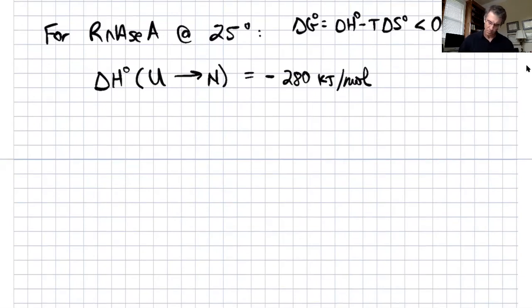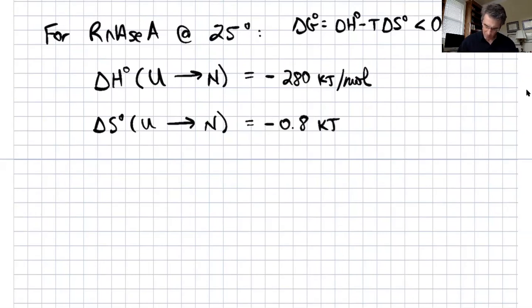Delta H here is minus 280 kilojoules per mole. So that's going in the right direction. The enthalpy change for folding the protein is stabilizing. It's going to help drive that reaction. It's an exothermic process. Okay, so that's great. All right. Delta S for going in the folding direction, however, is minus 0.8 kilojoules per mole.